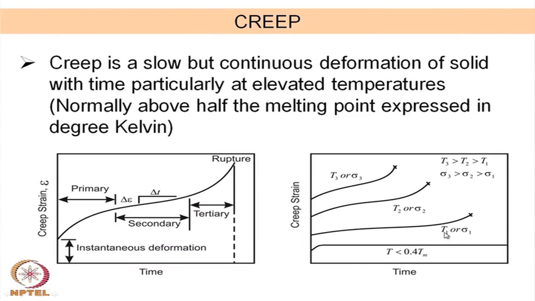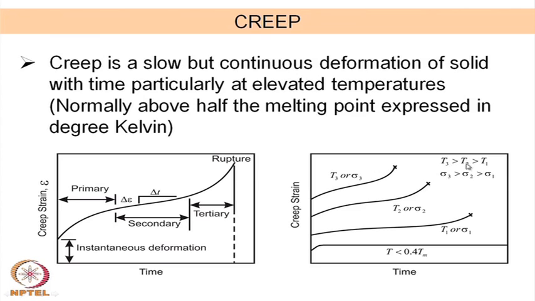If you increase the temperature or the overall stress under which the deformation is taking place, then there will be a change in slope, and ultimately you are getting a very similar curve like this, a kind of universal curve which we get only at a higher temperature like T3.